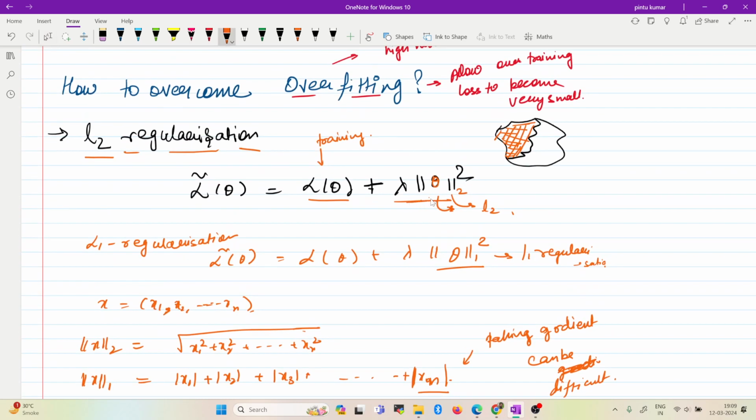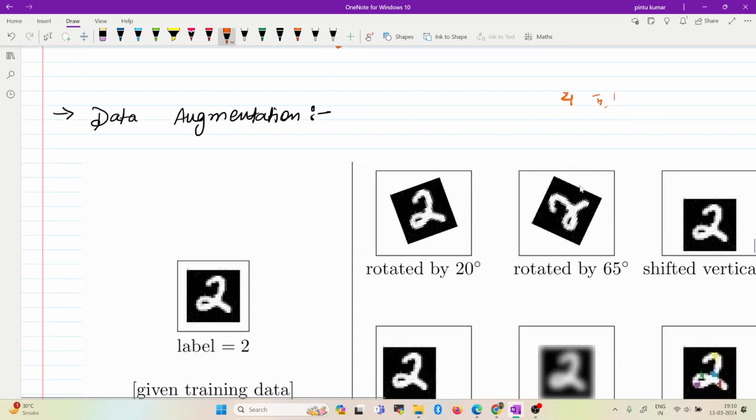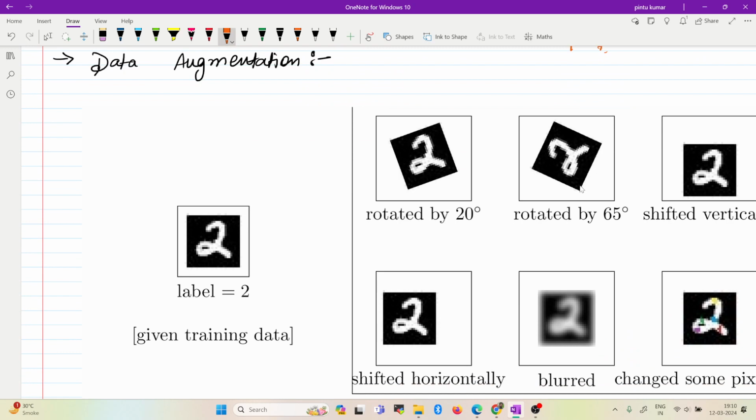This restricts the model from overfitting exactly to the training points, because we have restricted the search space by including this term in the loss function. So the values of theta would be small now.